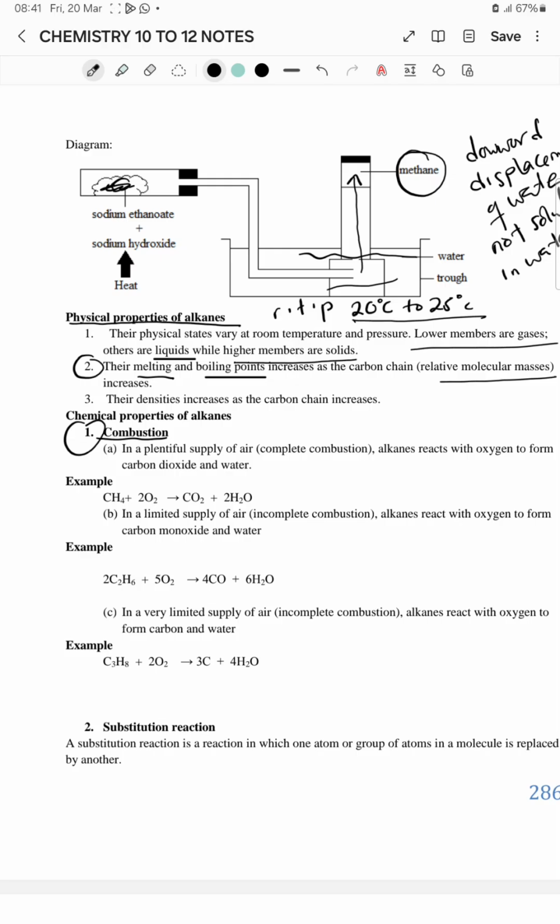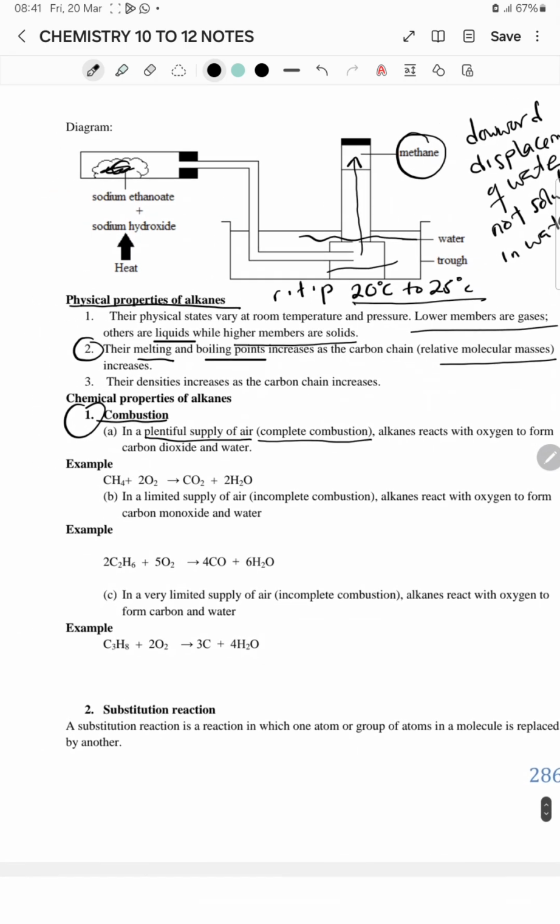When you talk about A, in a plentiful supply of air, we mean complete combustion. Alkanes react with oxygen to form carbon dioxide and water.